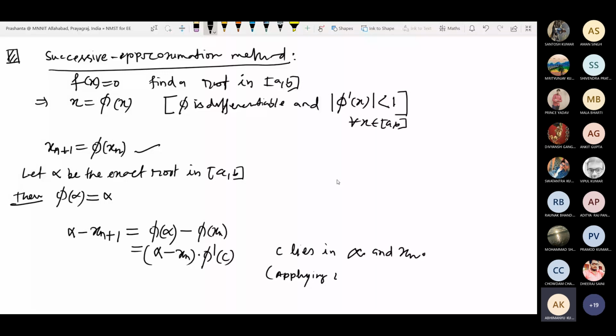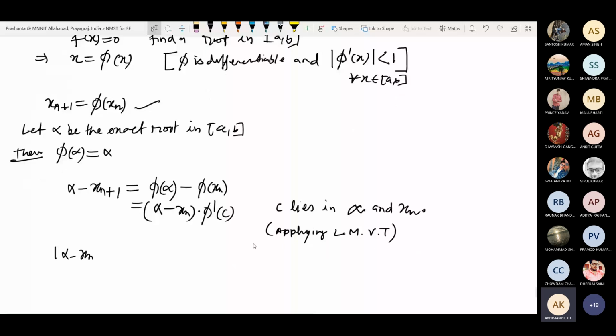So now take modulus both sides. So mod of alpha minus xn plus 1 will be less than or equal to mod of alpha minus xn into mod of phi dash c.